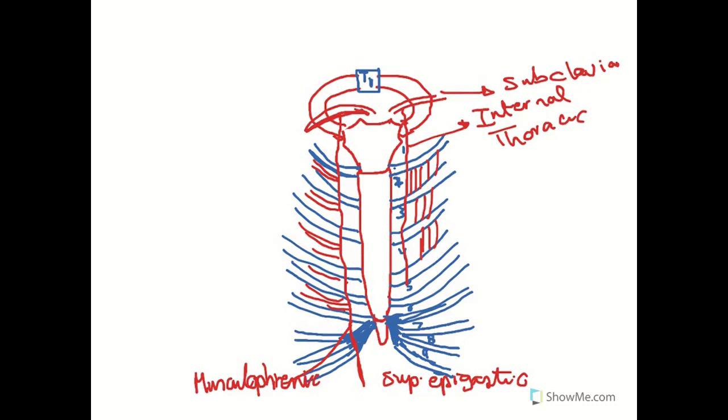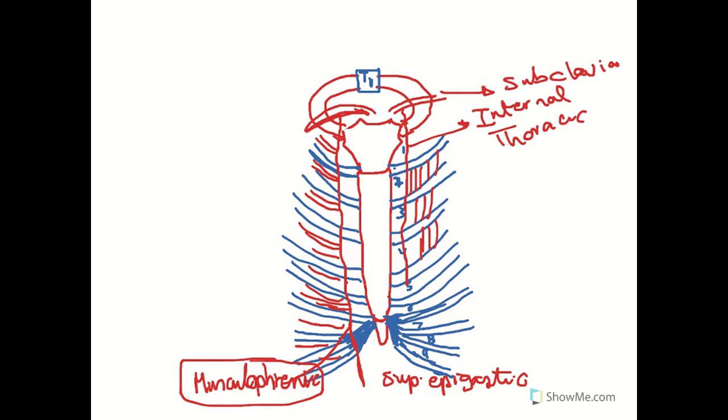Downward, intercostal spaces 7, 8 and 9 are supplied by the musculophrenic artery. So we have two blood supplies, all originating from the same artery, the internal mammary or internal thoracic artery. The internal mammary supplies the spaces from number 1 down to 6, and the musculophrenic artery supplies spaces 7, 8 and 9.